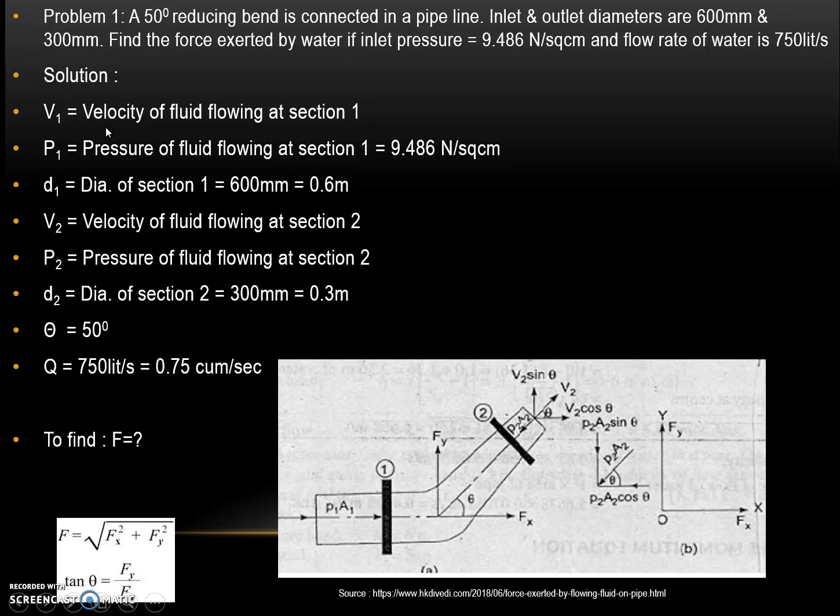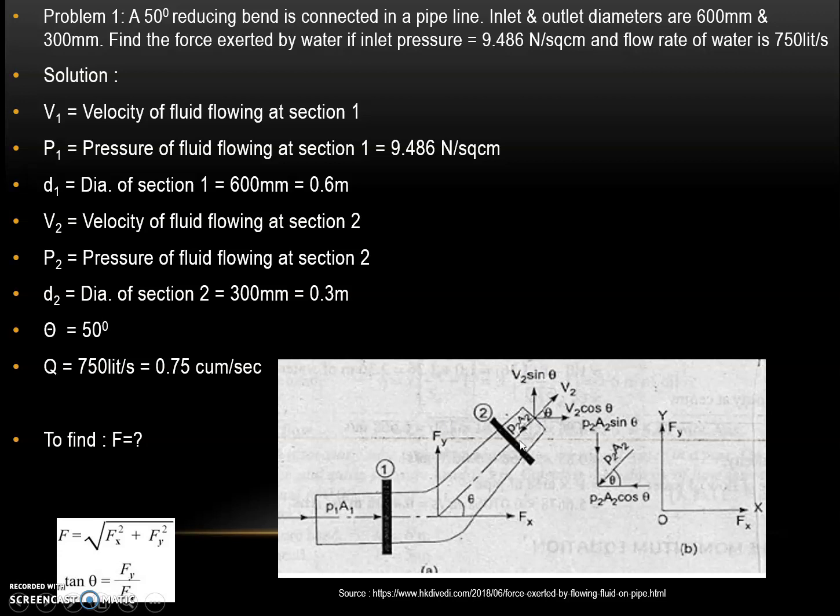Let V1 be the velocity of fluid at section 1, P1 equal to the pressure of fluid at section 1, which is given and is equal to 9.486 Newton per square centimeter. Diameter of section 1 is 600 mm, which is equal to 0.6 meter. V2 is the velocity of fluid at section 2.